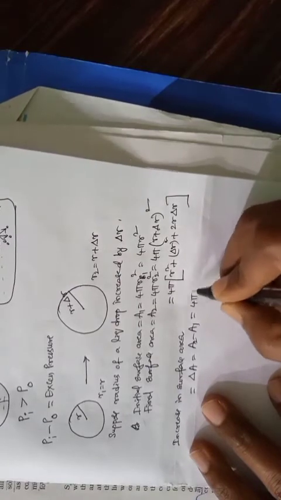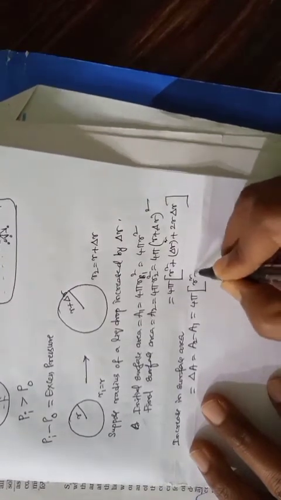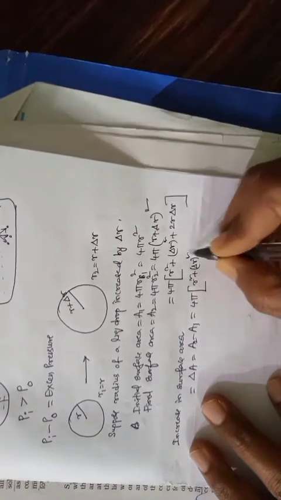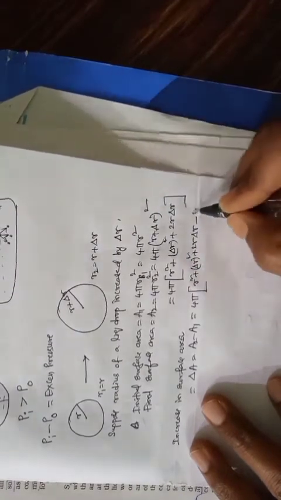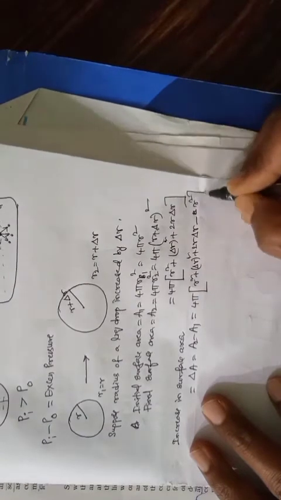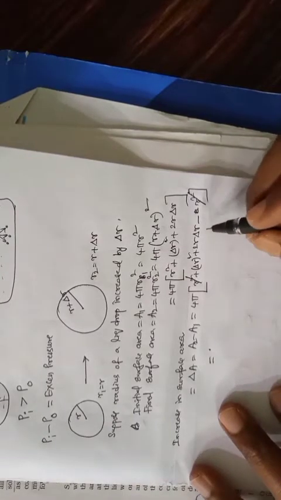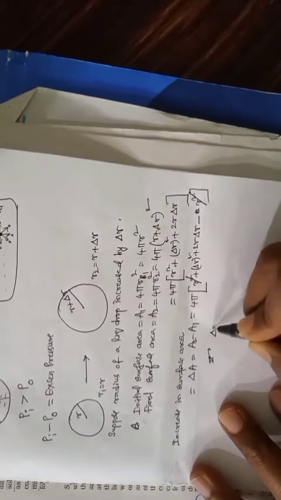So 4 pi common, minus R square gets cancelled. So we are left with... see here, delta R is very small.